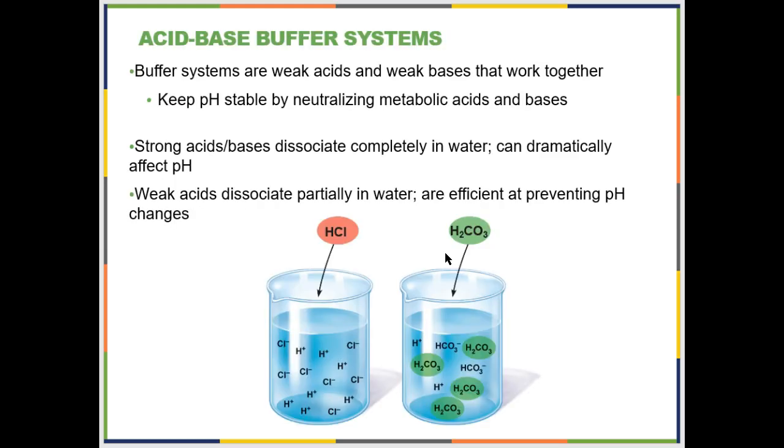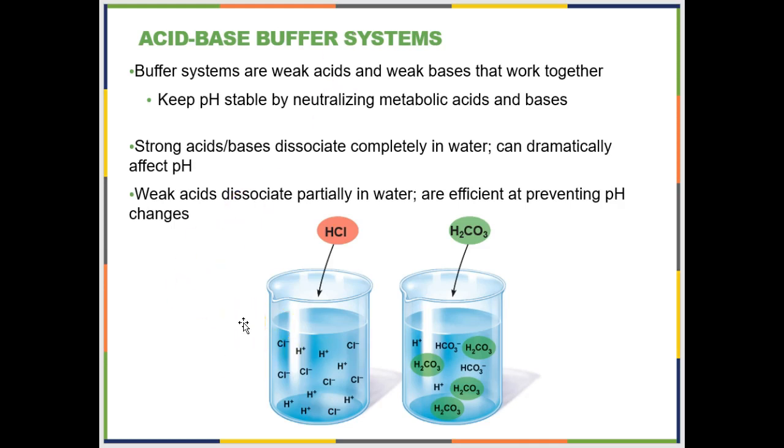We also have these chemical buffer systems, which keep your pH stable. So a buffer is any group of chemicals or chemical that you add to a solution that keeps the pH stable. So it'll neutralize acids or bases. The buffer systems that your body uses are all composed of a weak acid and a weak base.